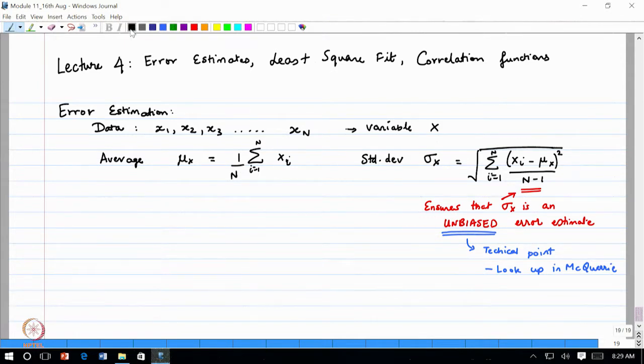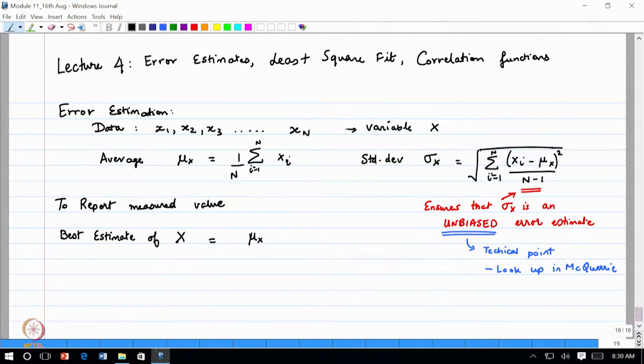Now suppose you are to report a measured value. You imagine that you have taken n readings and you got all these values, and you want to report a measured value. So, what you say is that the best estimate of x is equal to mu x, which seems very obvious.